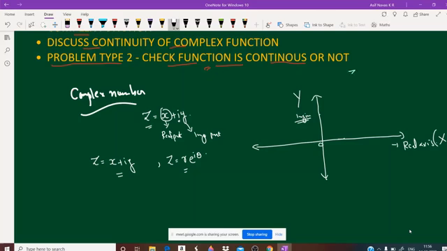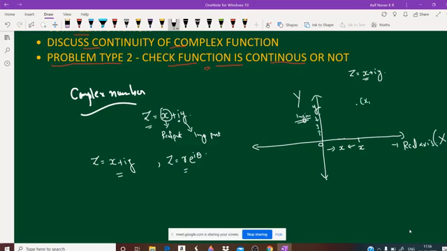So z equal to x plus iy can be represented as follows. x is a real number, so somewhere here is x. This distance from 0 is x. And I am representing y somewhere here. y is an imaginary number, and this distance is y.